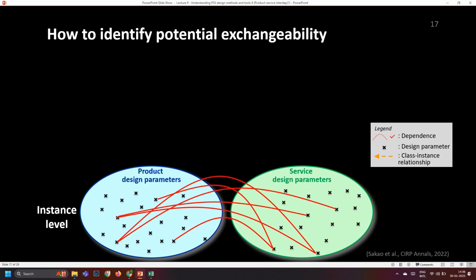And it's very time consuming if you need to check each and every design parameter from the product side and also same from the service side. It's very time consuming. Right? And you need to consider every single time.